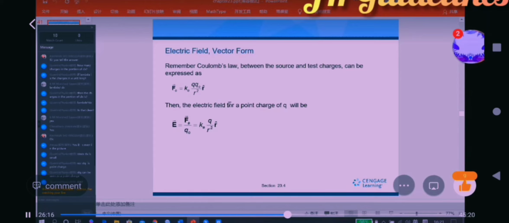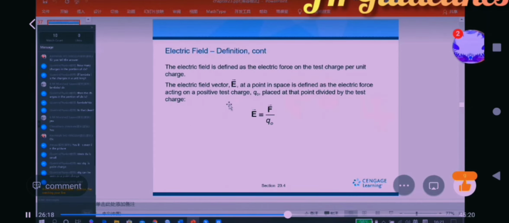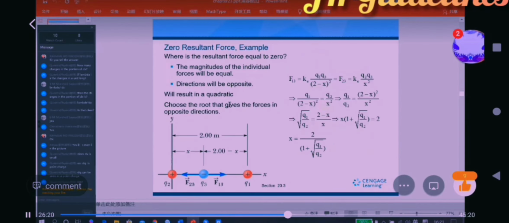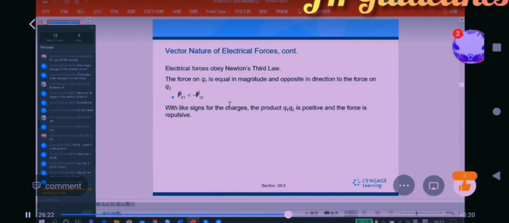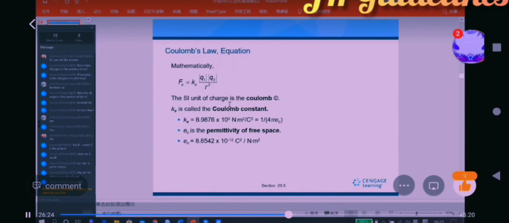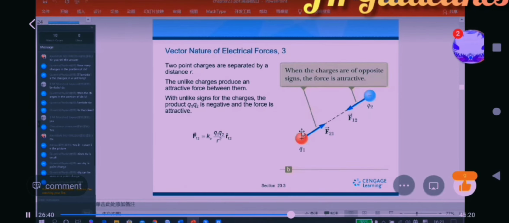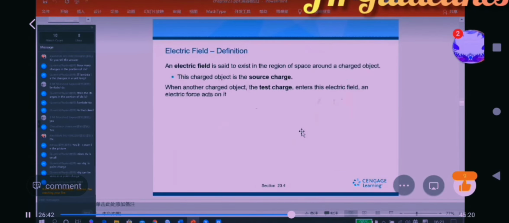Like we said before, what's Ke? We talked about Ke before. Ke is 1 divided by 4 pi epsilon 0. If you write Ke, it's okay. If you write 1 divided by 4 pi epsilon 0, it's okay.